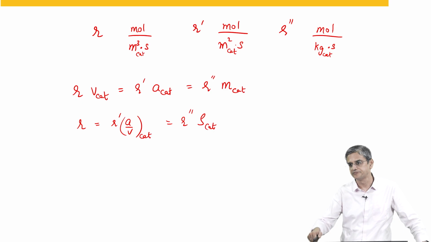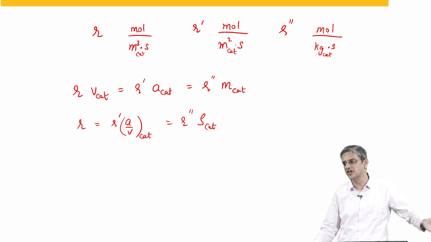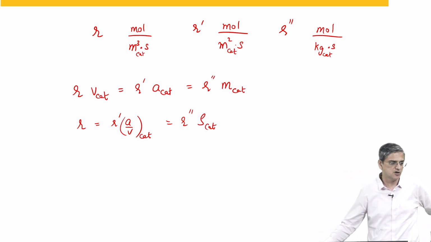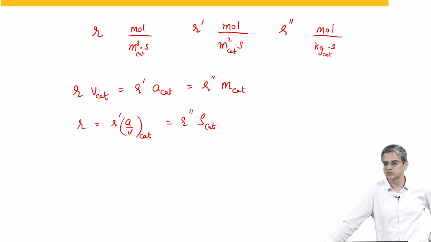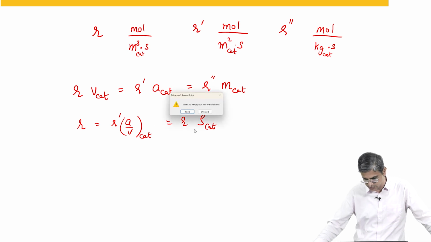And how do you get A by V? How do you get density? Density might be given to you. Area by volume, in this particular case it is spherical, so area is 4 pi r square, volume is 4 by 3 pi r cubed. So, that is how you solve this.